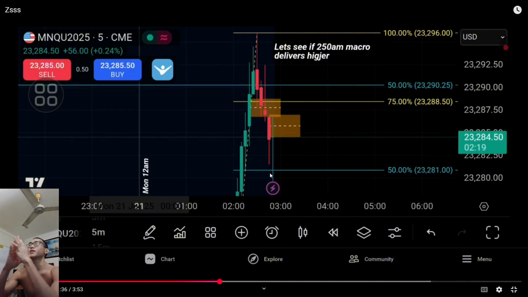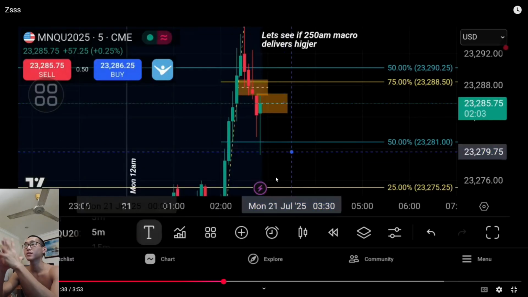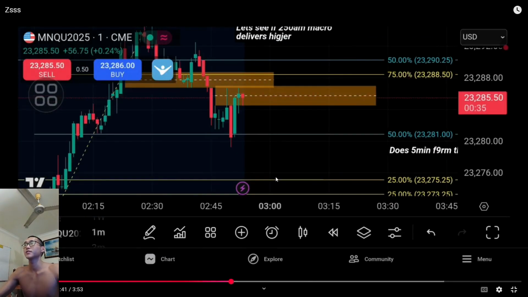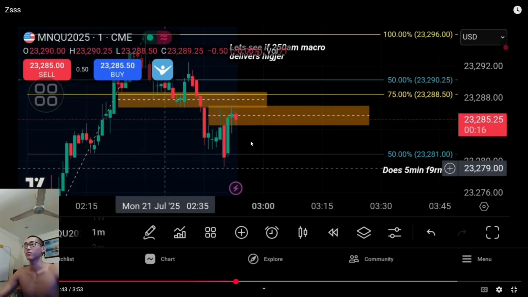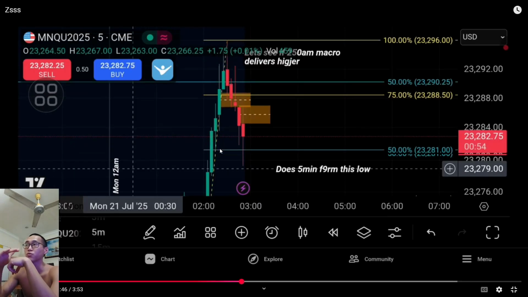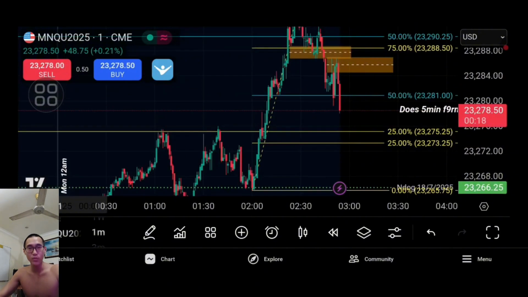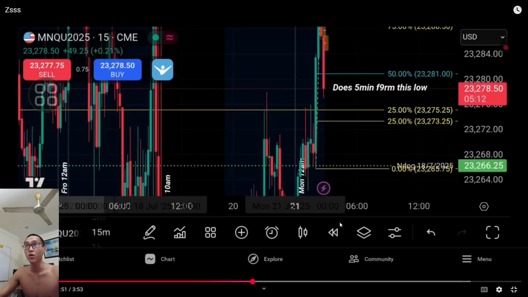I'm thinking for this 5-minute candle to close first. Do we form a low? Right here is actually very nice, this can be an order block. Now I'm measuring, does price still show reluctance on moving lower? But you can see price moved lower some more, which means what? It's a good call not to go long.